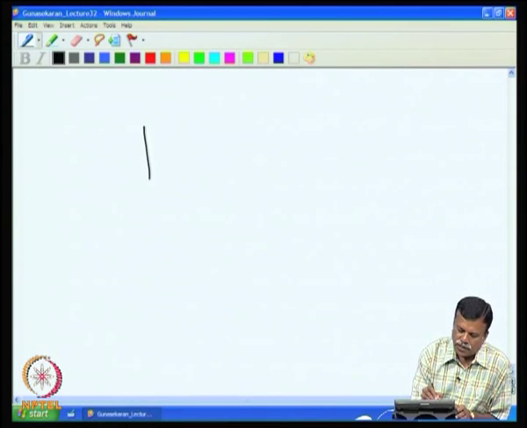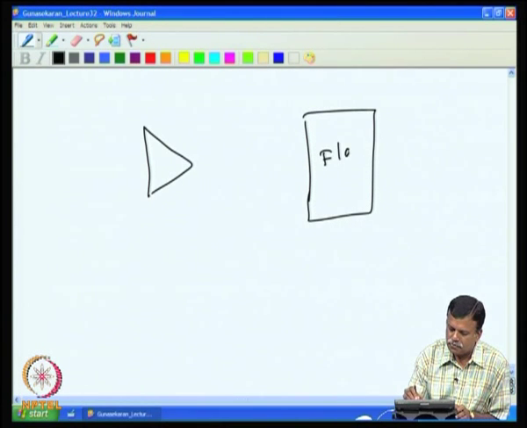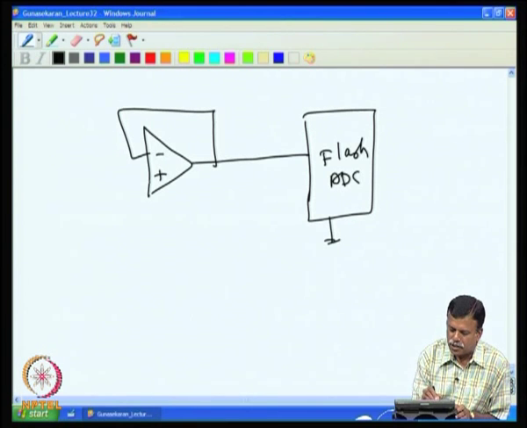That means, if I have a flash ADC, then the input I give to this one, it is essential that we have a voltage follower at the input. So, the output impedance presented by this is very low.